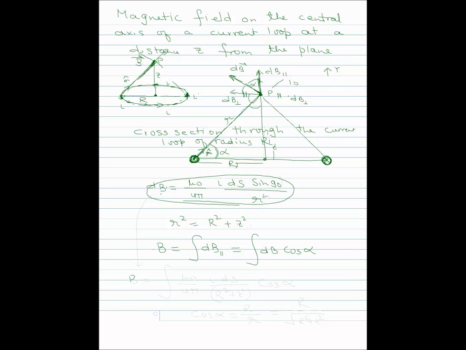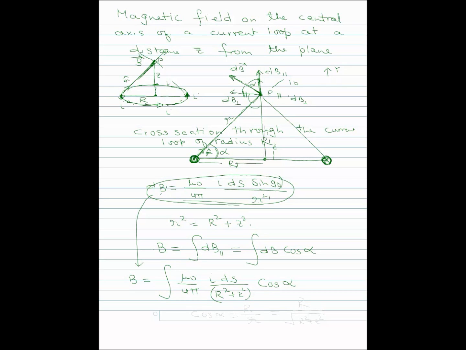In other words, B can be written as the integral, and dB we already know here. So making use of this, we can say it's mu 0 over 4 pi I ds, and sine 90 is just 1, divided by r square. R square we just found is r square plus z square, so it's r square plus z square times cosine alpha. Now the question is, what is cosine alpha?